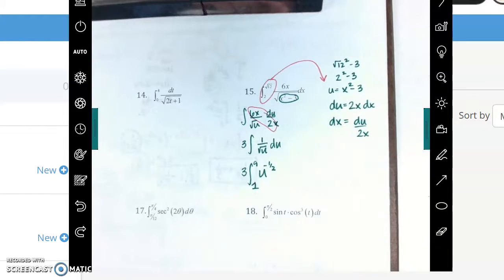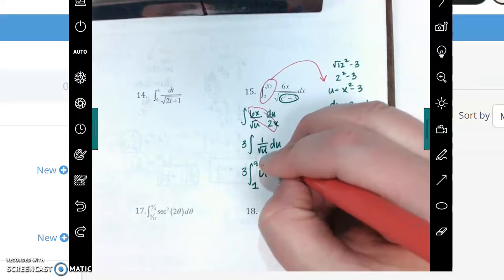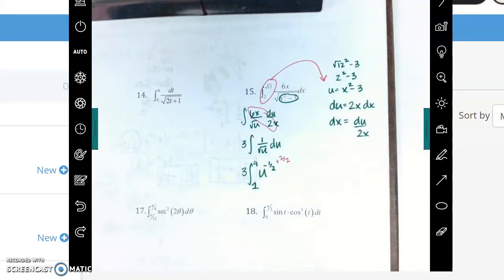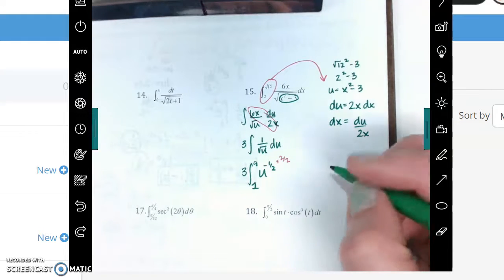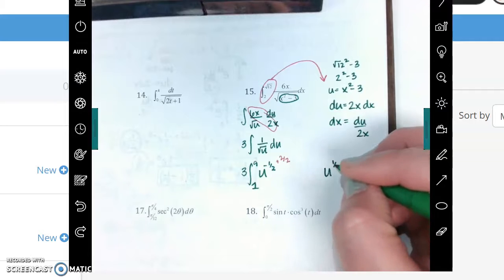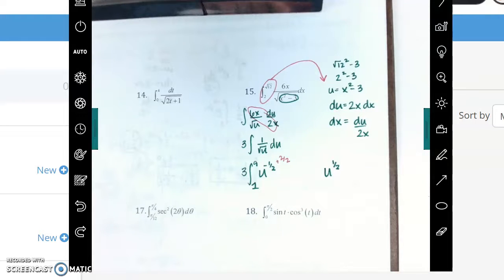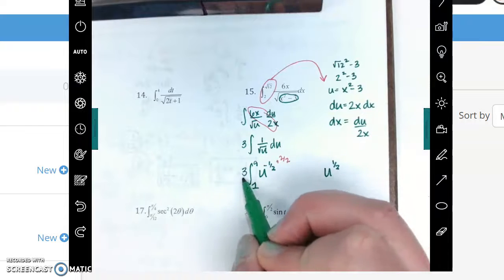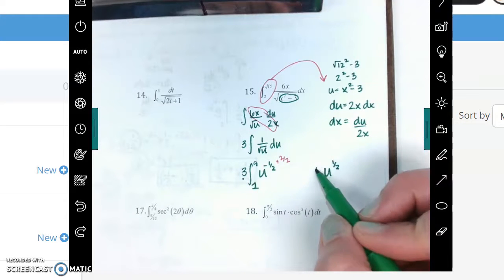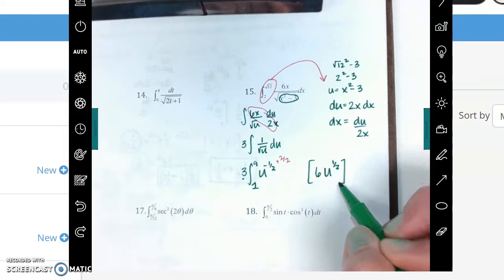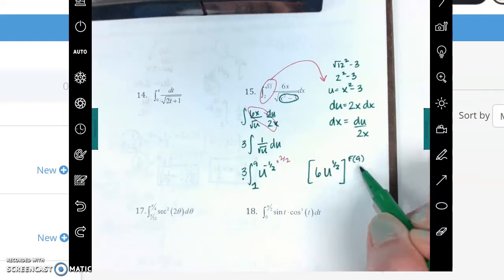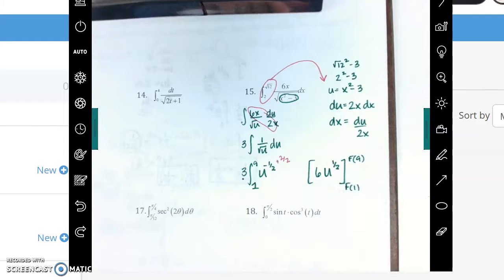1. And now I work the integral and I never go back to x's. So add 1 to minus a half. I'm adding 2 halves. What is negative a half plus 2 halves? Okay, u to the positive a half. Then I divide by a half, which is the same as multiplying by 2. But I already had a 3 here, so it's a 2 times 3, which is 6. Then I'm going to plug in a 9 and a 1, and then subtract.